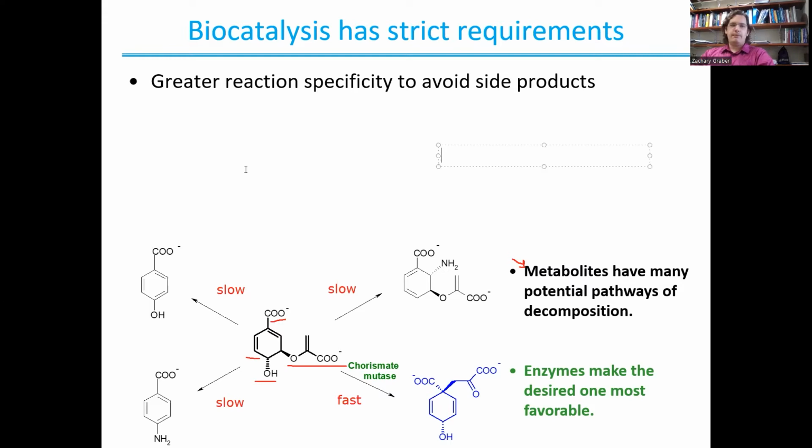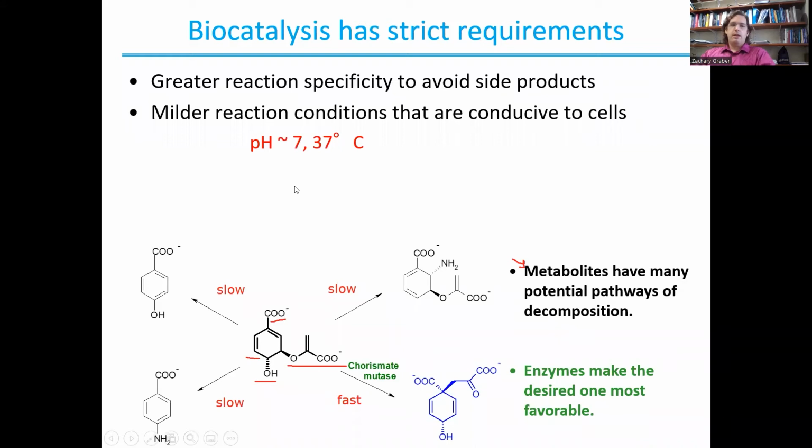Now, another key component to this is that our enzymes also have to be active under much milder conditions than we typically see, again, in organic chemistry. So within our cells, as we've been talking about extensively, our pH has to be maintained quite carefully.